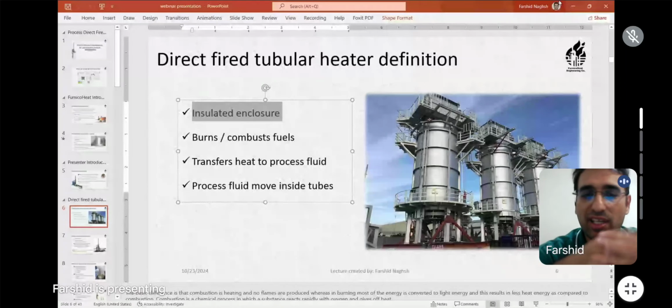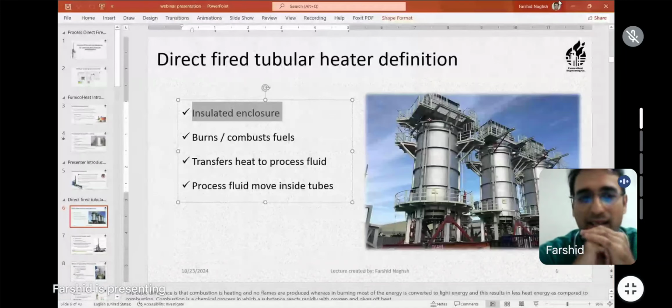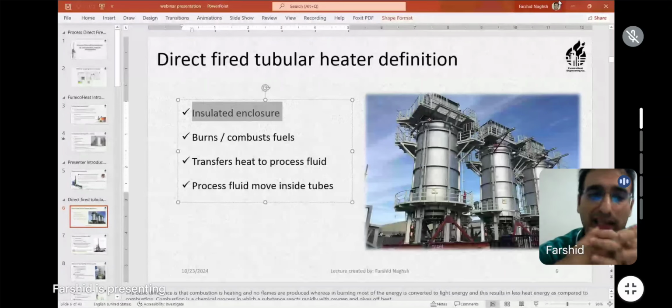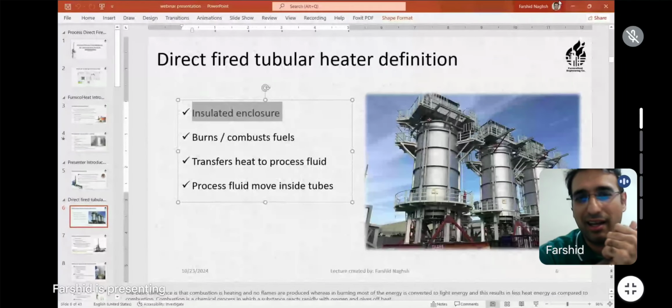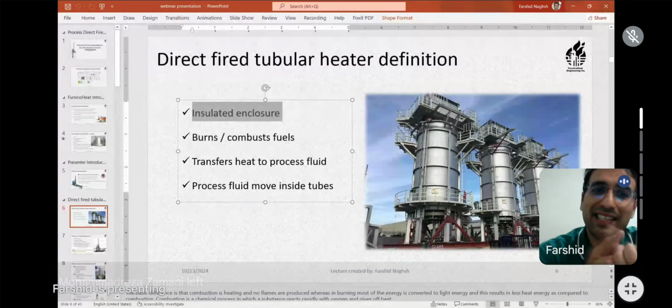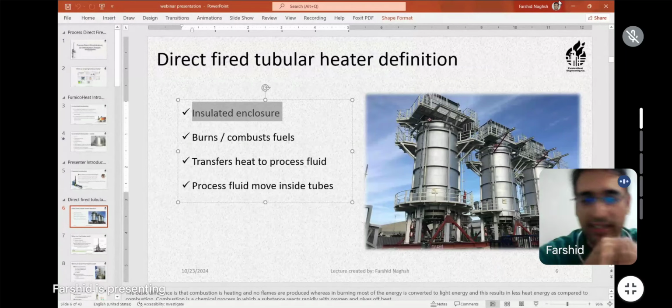So the heat is generated, the heat is emitted, radiated, or convected to the tubes, then it is transferred to the process fluid inside, which typically is a stream of hydrocarbon, takes the heat and runs through the heater and then exits the heater.